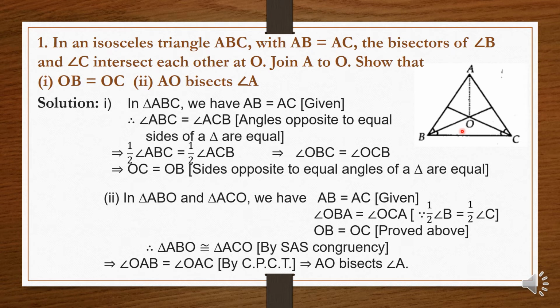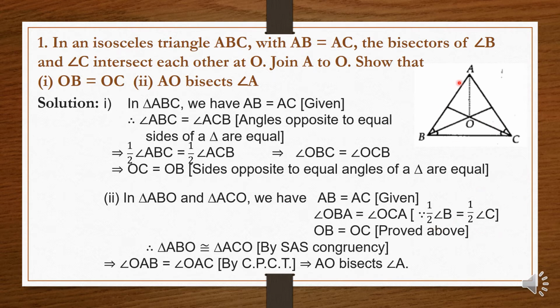But in this case, we are talking about triangle ABO. So we will choose this particular angle and not this one. So half of angle B in this case would be angle ABO. Again, for the other triangle ACO, half of angle C is equal to angle ACO, that is this angle. So these two angles are also equal by this condition.